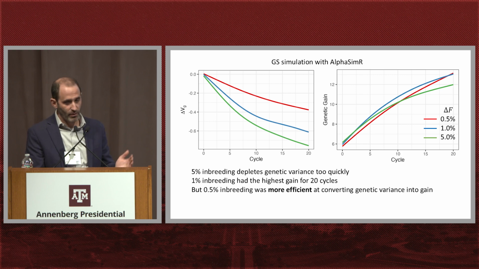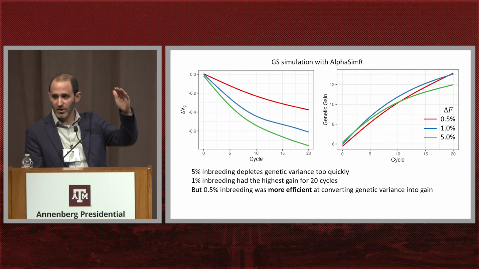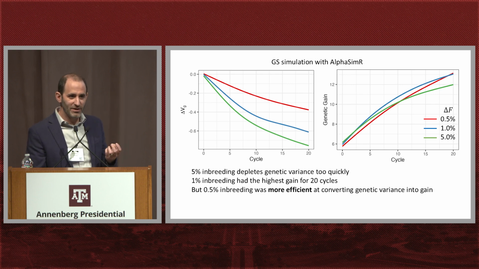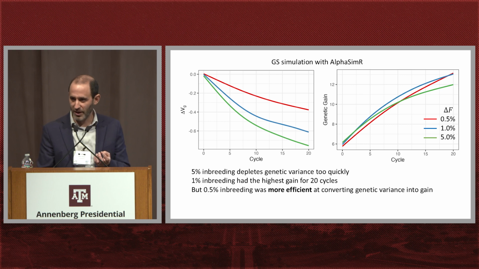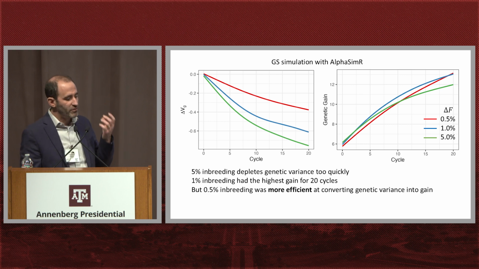At the same time, on the right-hand side of the figure, the genetic gain is going up, right? You have to deplete genetic variance to make genetic progress. That's like the fundamental theorem, basically, of plant breeding. The question is, how efficiently do you convert that lost variance into gain? That efficiency concept is really central to what we do.